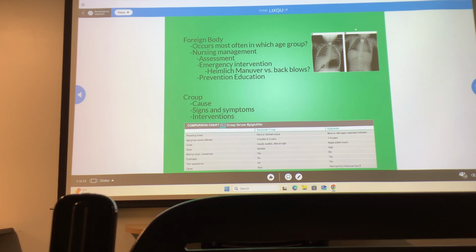Why are they most at risk? They put everything in their mouth, right? They are in their sensory motor stage, all right? According to Piaget. Have you guys all seen that? Okay, what does that stage mean?